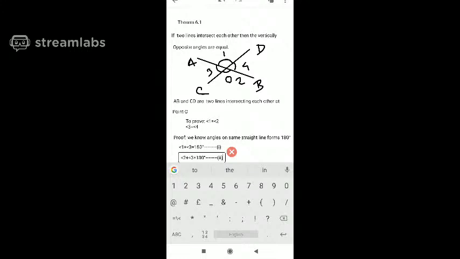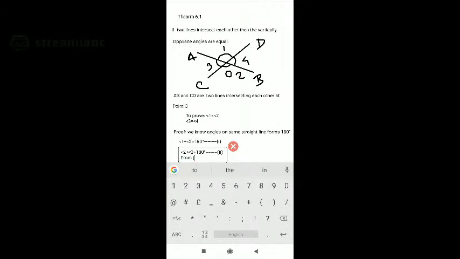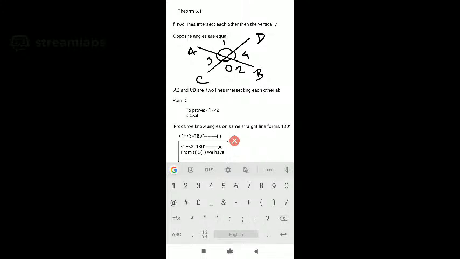So from 1 and 2 we have angle 1 plus angle 3 is equal to angle 2 plus angle 3.